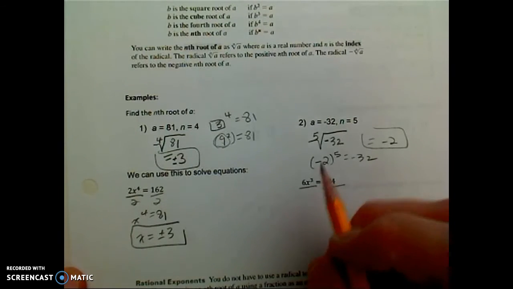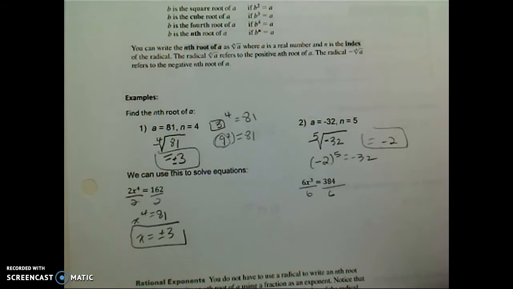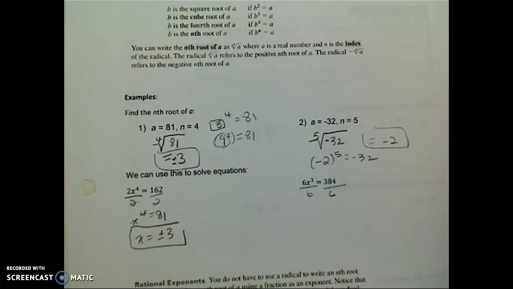In our next example, 6x to the third equals 384. So I'm going to divide both sides here by 6. If I go 6 into 384, you can tap that into your calculator quickly. And you get 64.